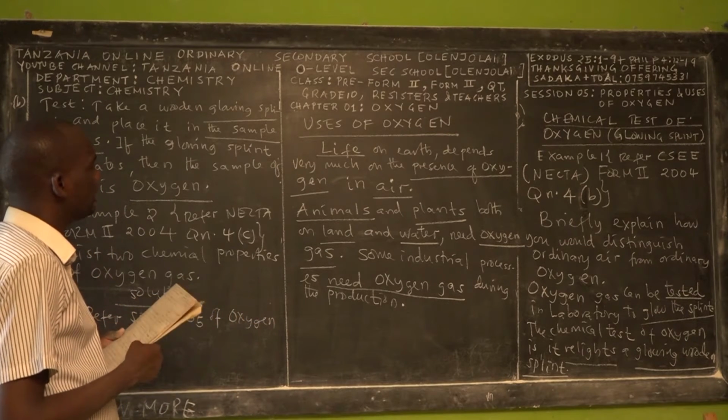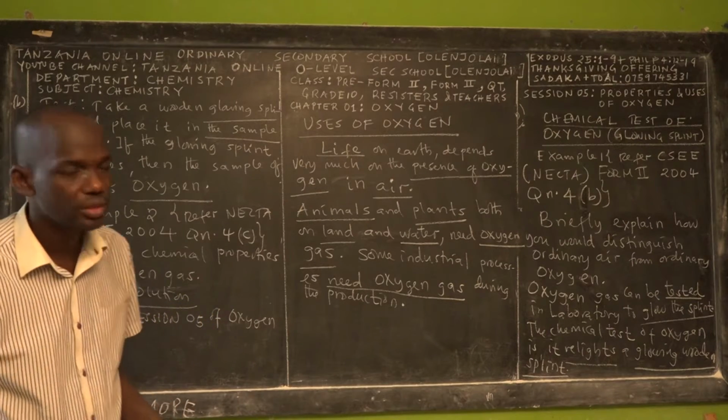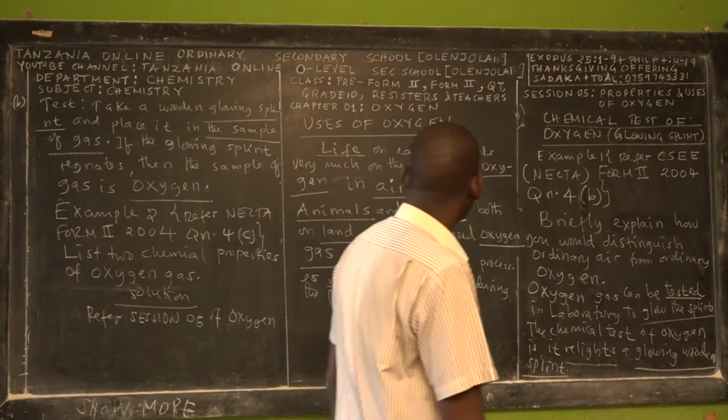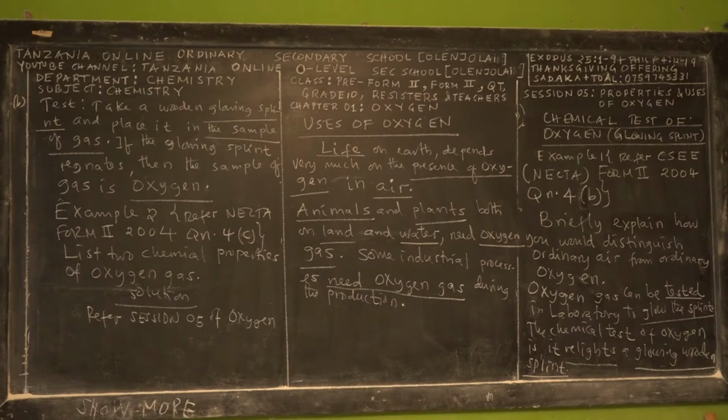So this is just an introduction to the uses of oxygen. Think about uses: the sentence says life on earth depends very much on the presence of oxygen in air, so animals and plants both on land and in water need oxygen gas.